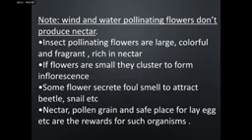Insect pollinating flowers are large, colorful and fragrant, rich in nectar, because nectar is the reward, and for attraction they are large and colorful. If the flowers are small, they cluster to form an inflorescence for the attraction of insects.